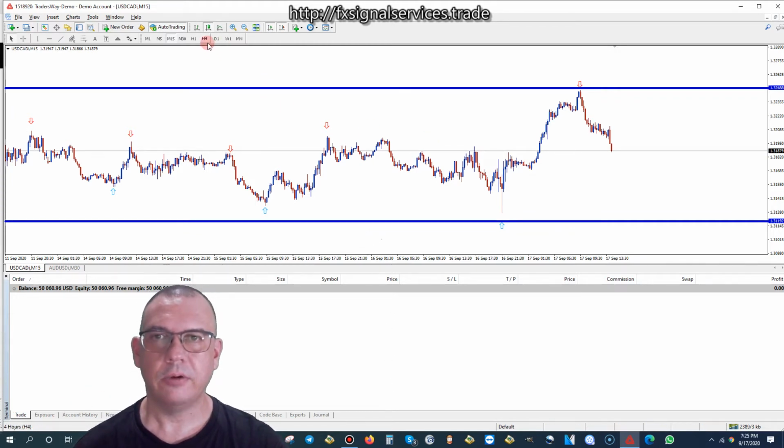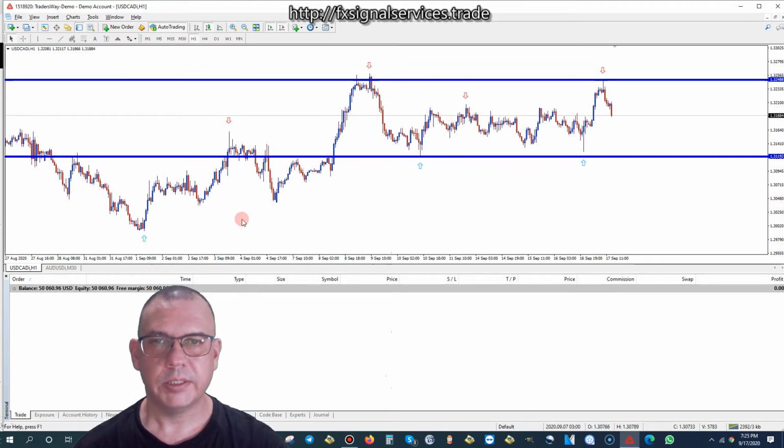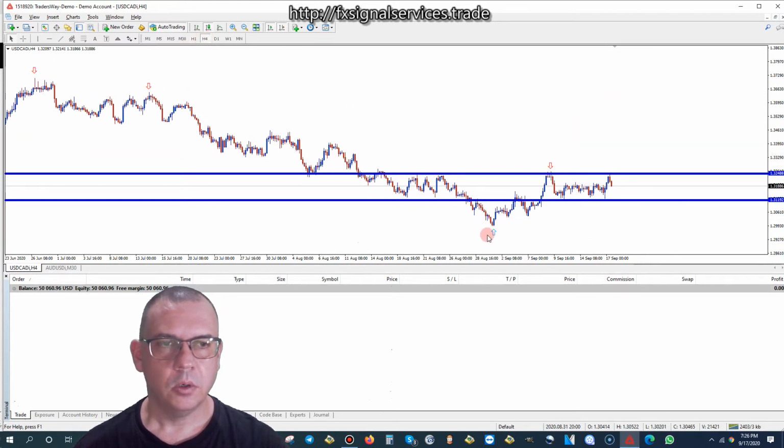If we look at the higher time frames, on the 1 hour we can see the price was here before, so it's gone up some. On the 4 hour, we see the price was down here and we had a long downtrend. Now it looks like the price is going up.